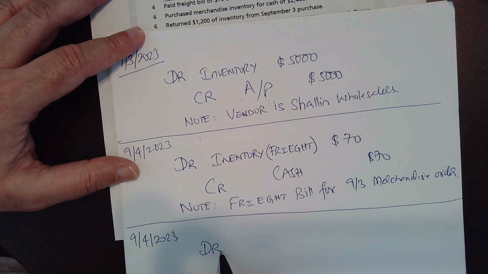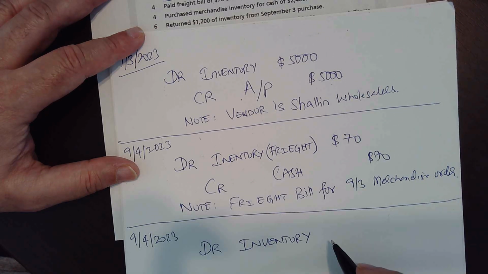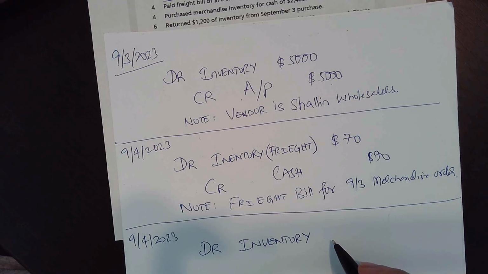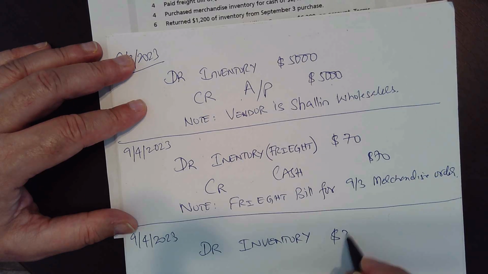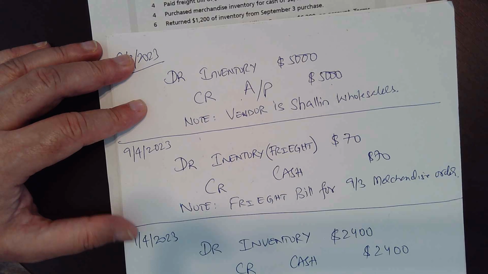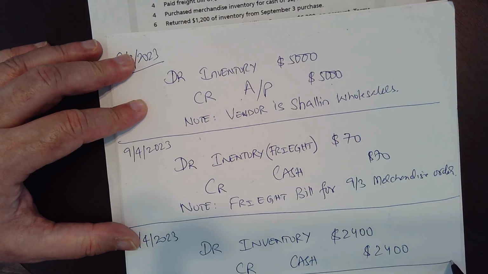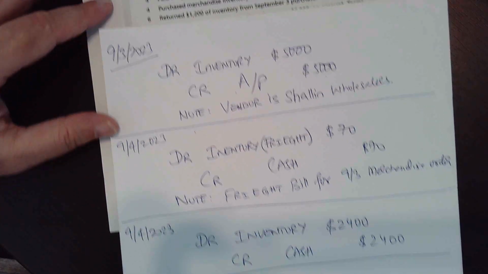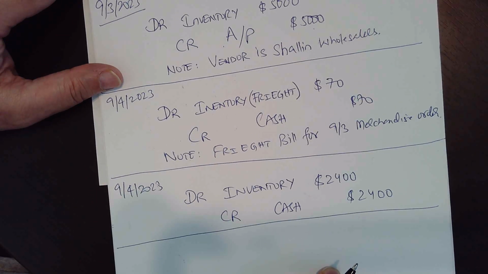So we're going to say debit inventory for $2,400, and we're going to credit cash for $2,400. That's all you have to say here, because we are done. There will be no future impact of this transaction until we return it.